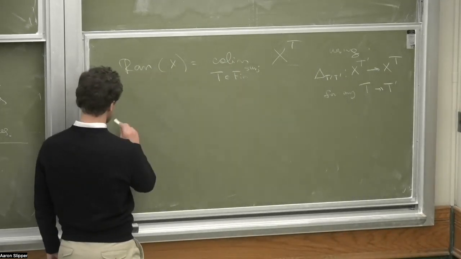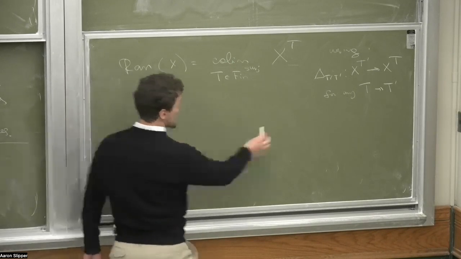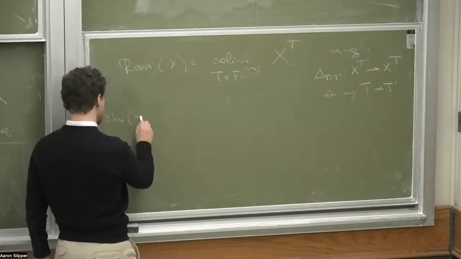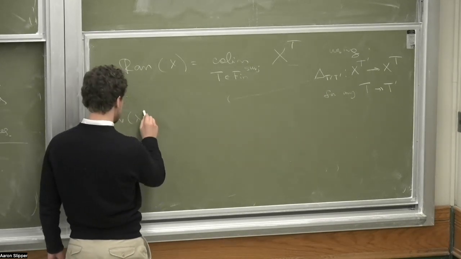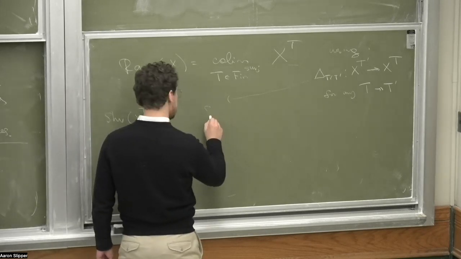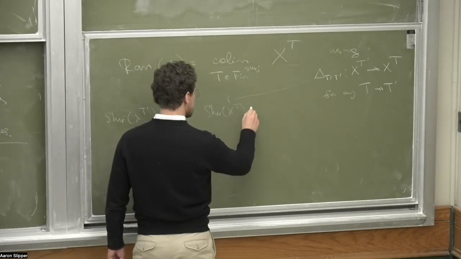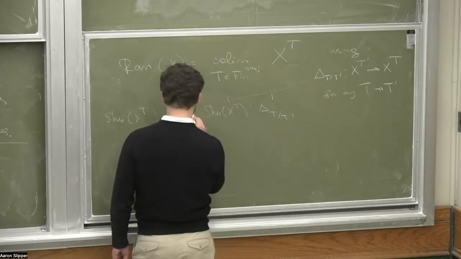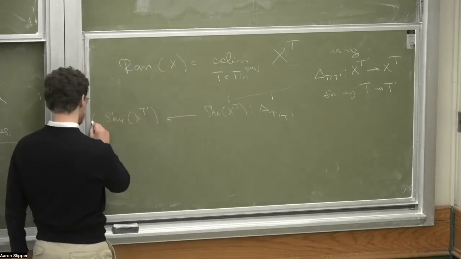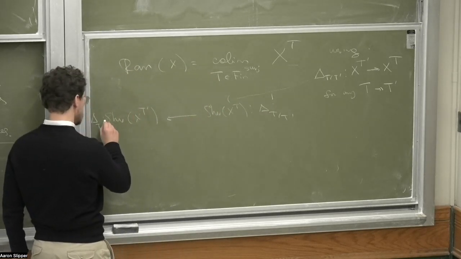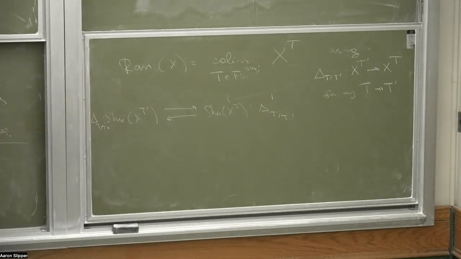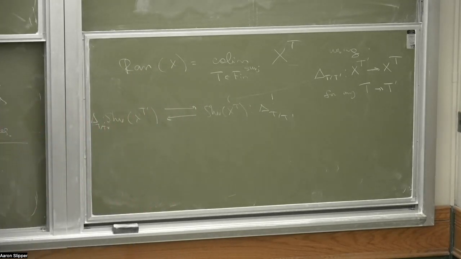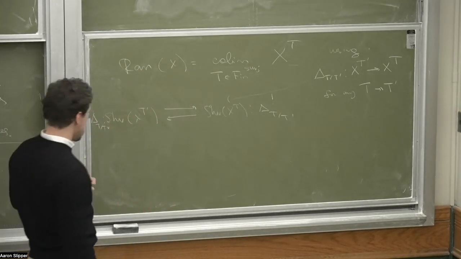Okay, so now in this situation there is a functor, and it has a right adjoint. And in this situation, both functors are continuous and preserve compact objects because the diagonal embedding is a proper map.